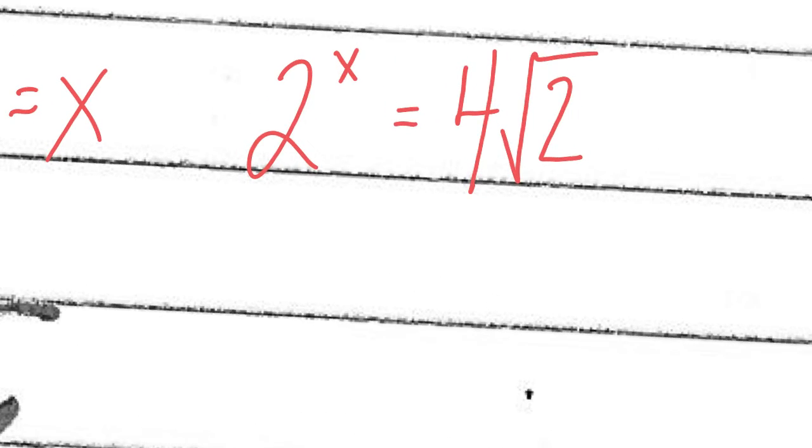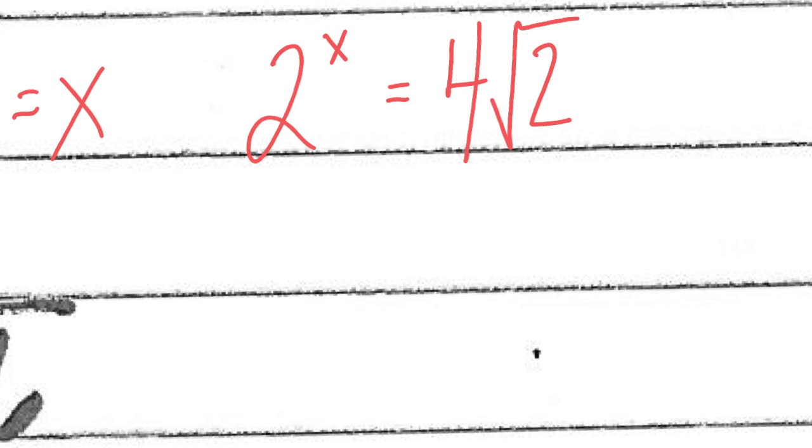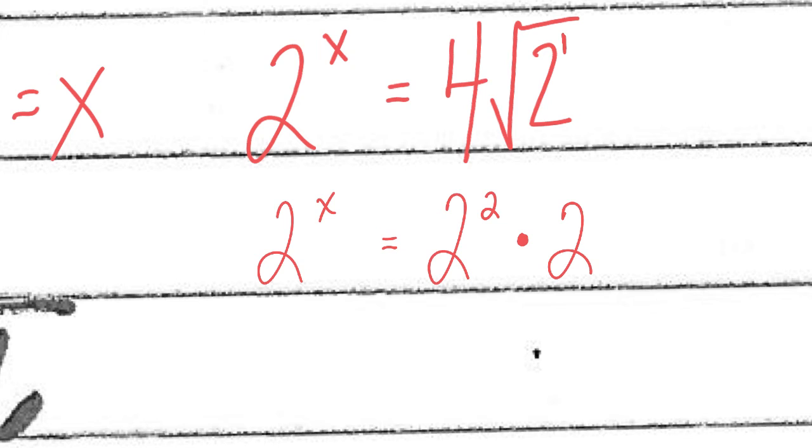So I'm going to hone in here and let's see what's happening. 2 to the x looks like that's the base that we need. 4, I know, is 2 to the second power. And the square root of 2 is 2 to the 1/2, because remember, this is a 1, and this is an invisible 2.